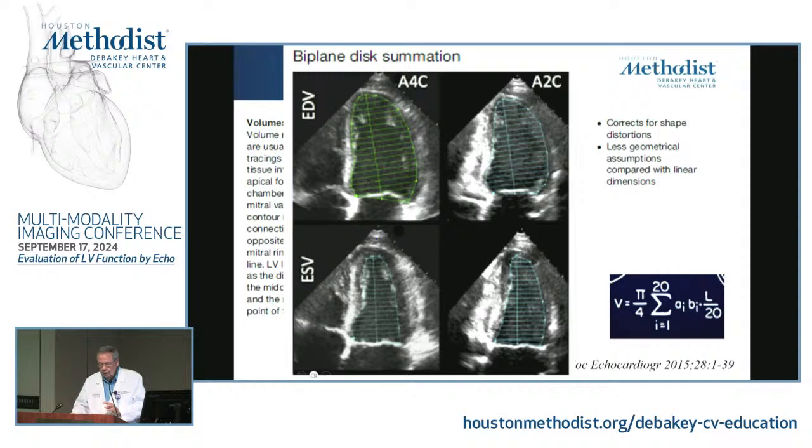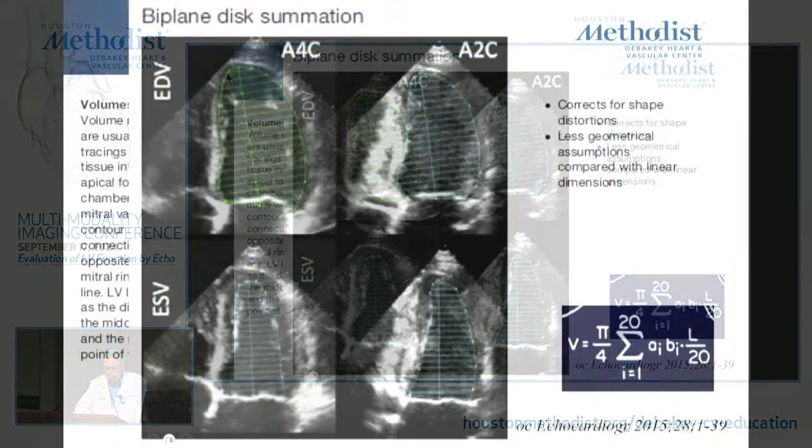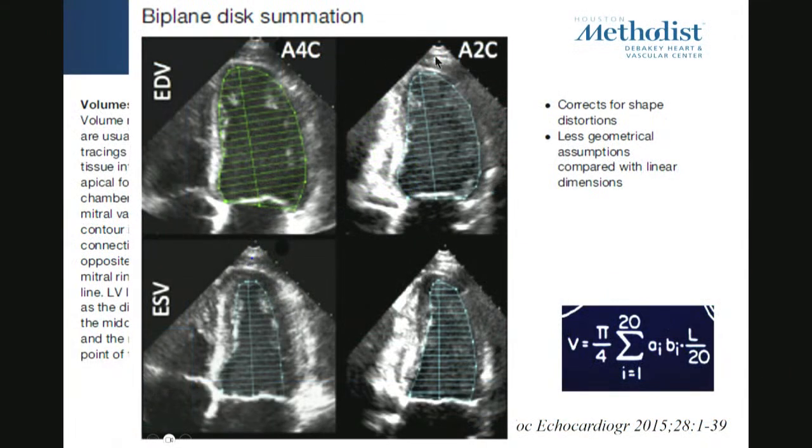Obviously, the more accurate method is to incorporate both the 2-chamber and the 4-chamber, and then it uses these measurements in 4-chamber with this one in 2-chamber, and again calculates the volume in each of the discs, adds them up, and that gives you the final volume of the heart in diastole and in systole, okay? Now, notice that in this example, the apex on both views is pointing up. So this is a properly done view where the transducer was at the apex of the LV.